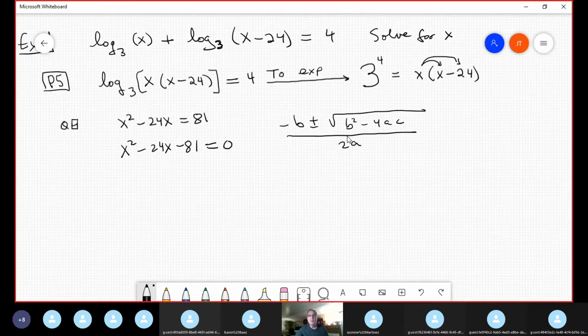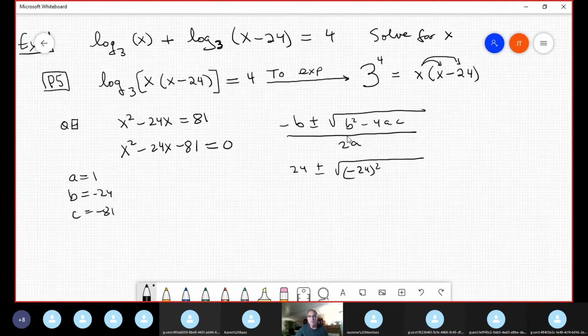In our example, a is 1, b is negative 24, and c is negative 81. So the double minus becomes 24 positive, plus or minus the square root of negative 24 squared minus 4 times 1 times negative 81, all divided by 2.